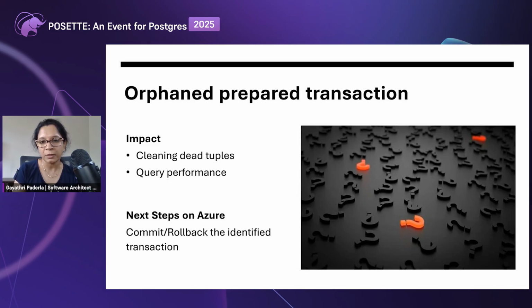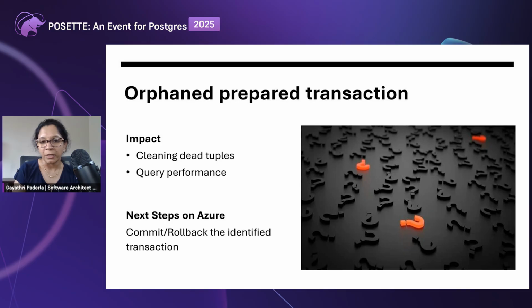What it does during that time is it still holds the locks for that transaction, which in turn blocks the autovacuum from cleaning up the dead tuples, and also any query performance hitting that table within the transaction is degraded. So to avoid that, we ask you to commit or roll back the transaction.